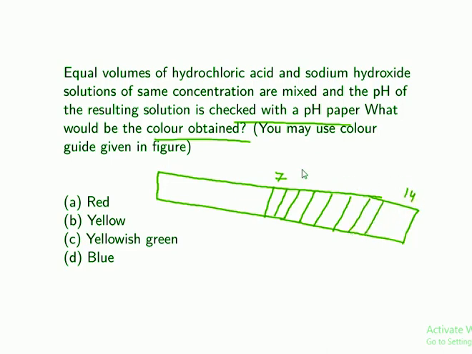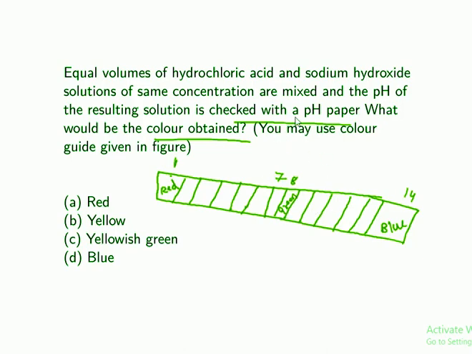And here 6, 5, 4, 3, 2, 1. So 1 is red, and at the 14th place you have blue color, and at the 8th place you have green color.